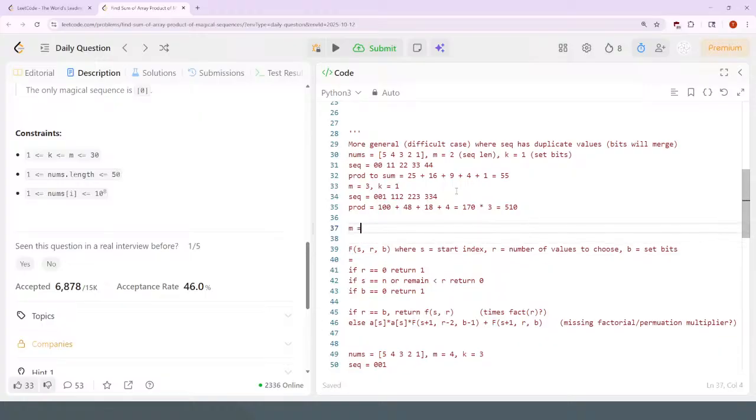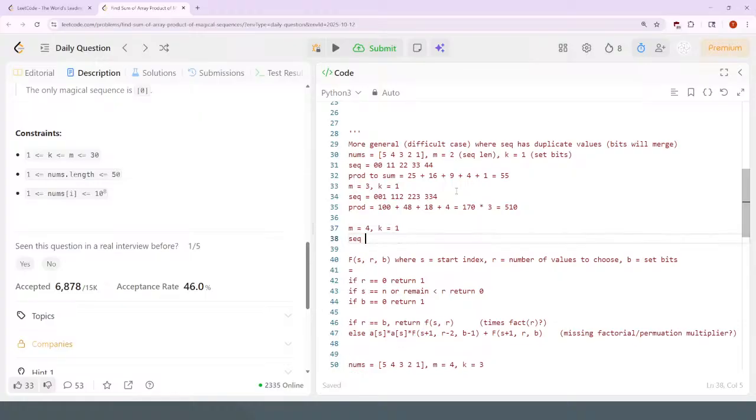So m equals 4, k equals 1, because I think maybe there's multiple ways of actually handling this. In theory, you could just cascade it. Like 0, 0 makes a 1 in the next bit. So then you choose 1, and that makes a 2 in the next bit. You choose 2. So it could be like that, or starting with, instead of 0, 0, like 1, 1, 2, 3, or 2, 2, 3, 4, 3, 3, 4, 5.